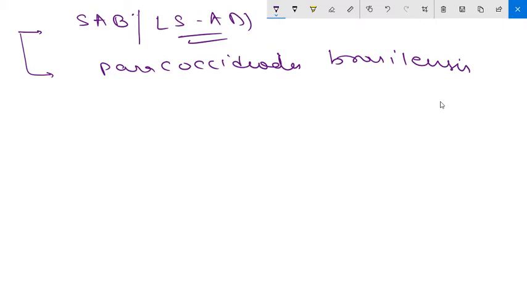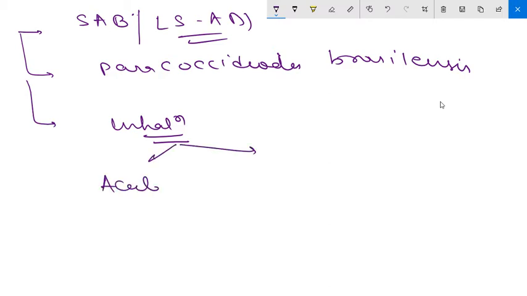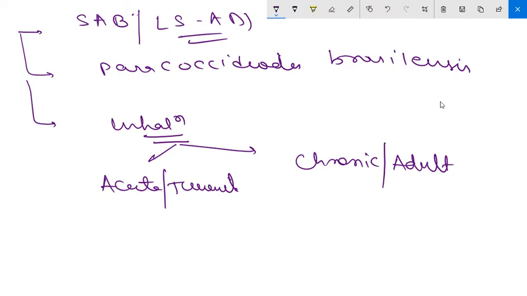Coming to the pathogenesis. Transmission is the same, by inhalation of spores, which then transform into the yeast phase in lungs, and it occurs as two major forms. The first one is the acute form, also known as juvenile form, and the second one is the chronic form, also known as adult form. The acute form affects young adults under 30 years of age.